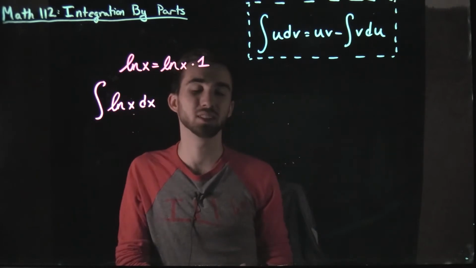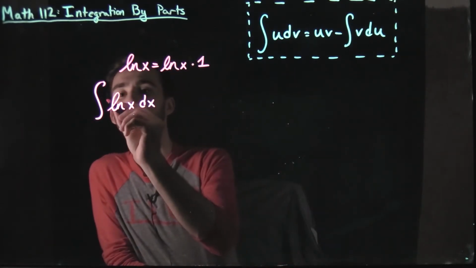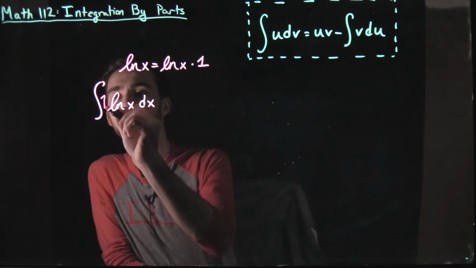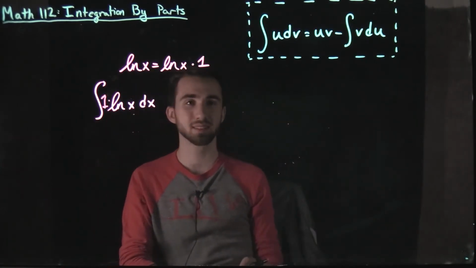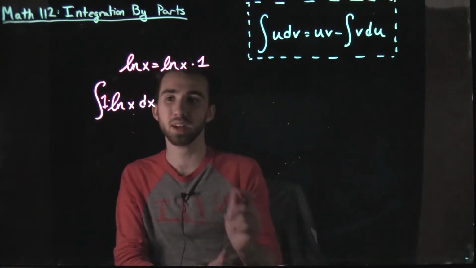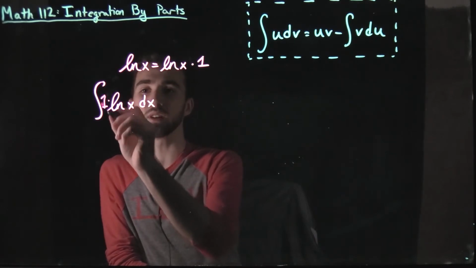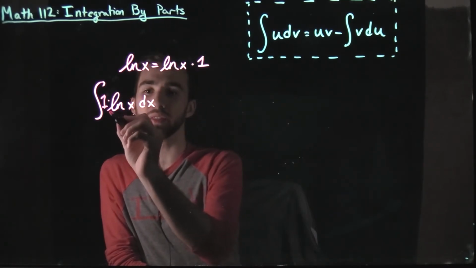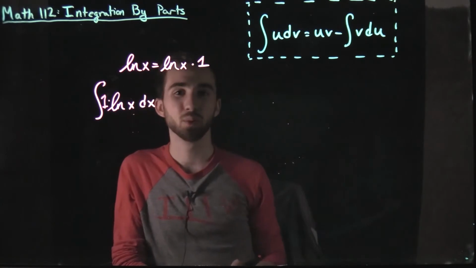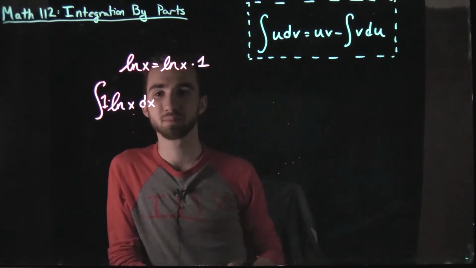And 1 is a function. It doesn't change anything. It's the same thing. So we can write 1 times ln of x. And now, using this function, which is just the constant 1, and this function ln of x, we can apply integration by parts.